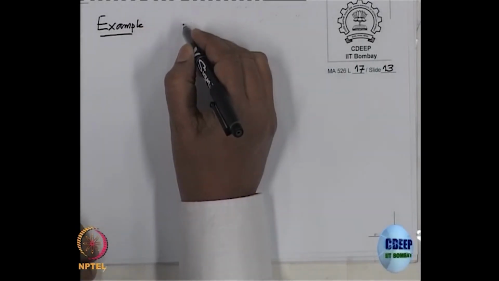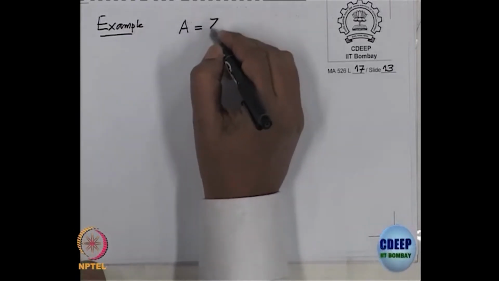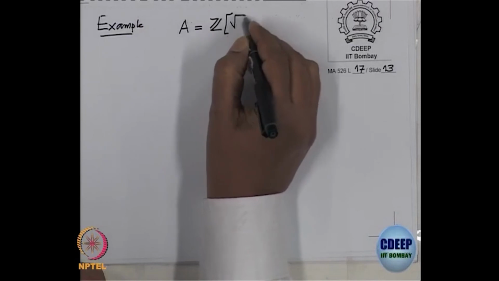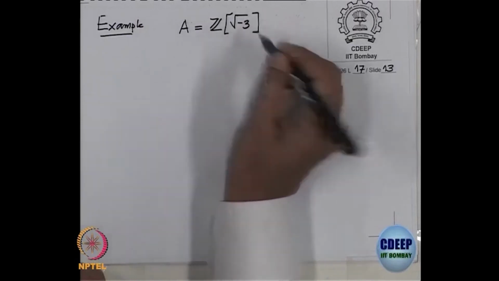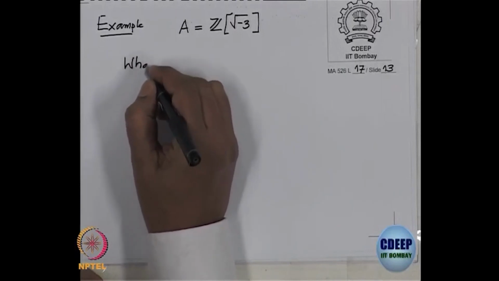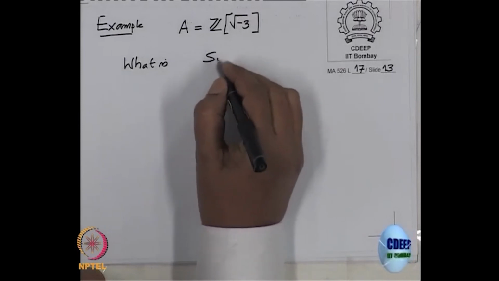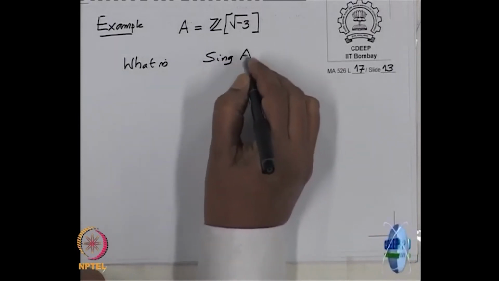If you look at the ring A, now this is not an affine algebra, Z[root minus 3]. Now the question is, what is the singular locus, Sing A?